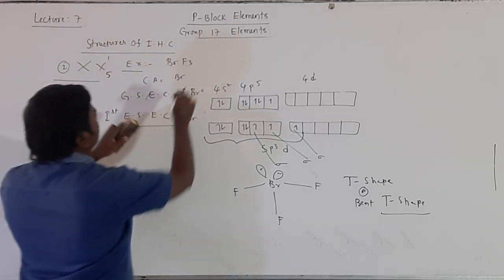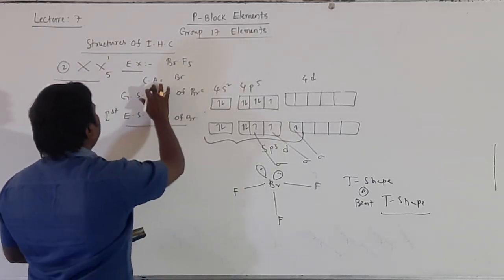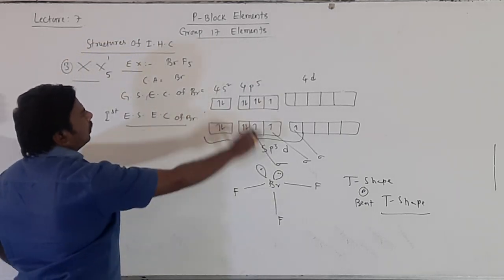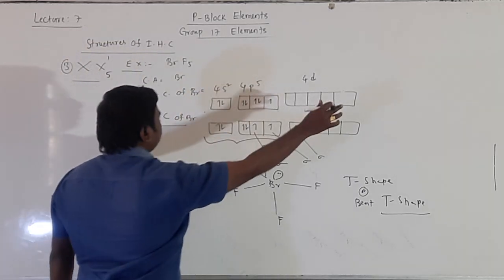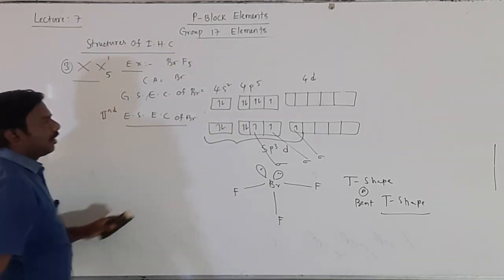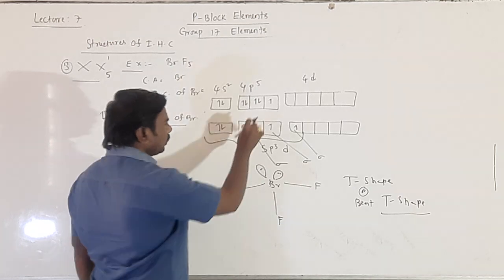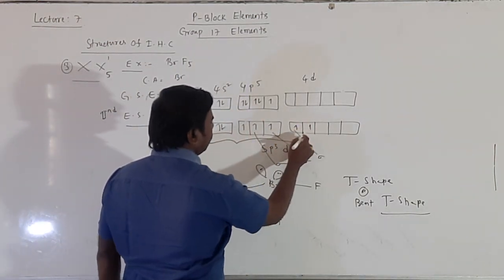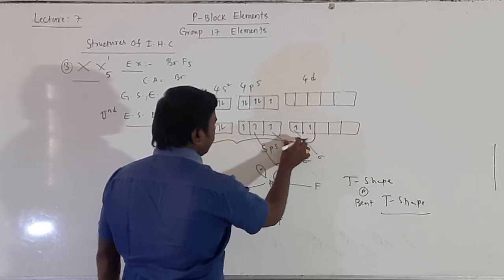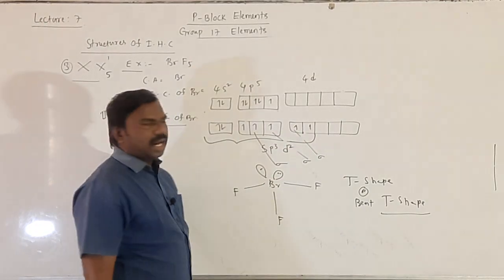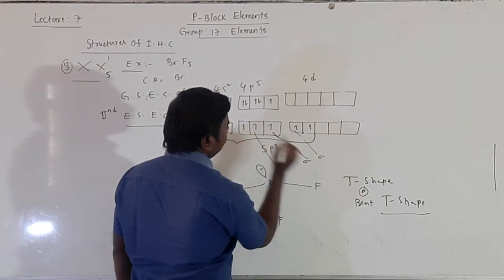Next, XX'5, taking BrF5, central atom Br, the third one, students. The general electronic configuration is the same. Now I am taking the second excited state electronic configuration of Br. So this one also shifted here. Then the hybridization is sp3d2, 1s 3p 2d undergoes sp3d2.